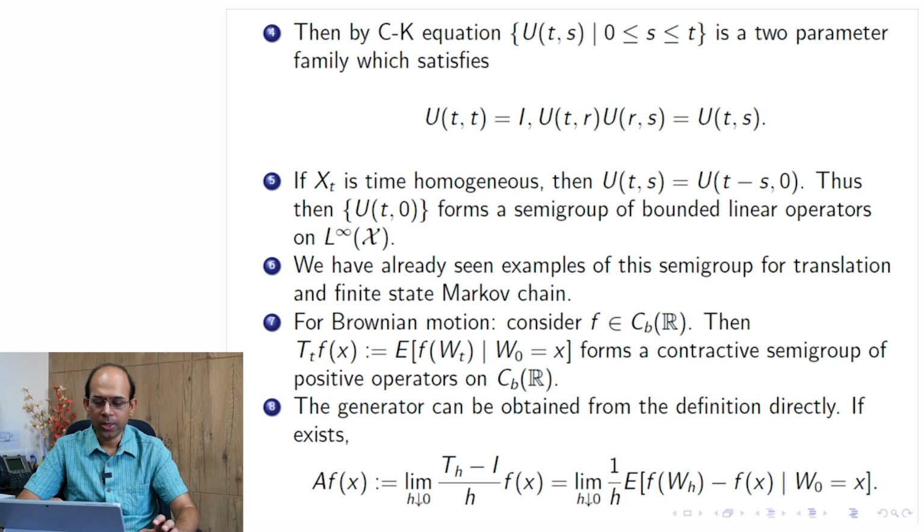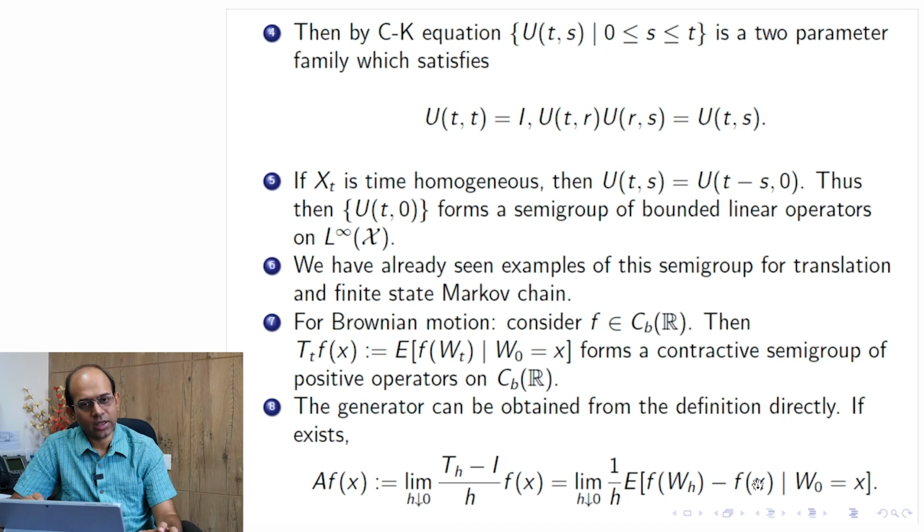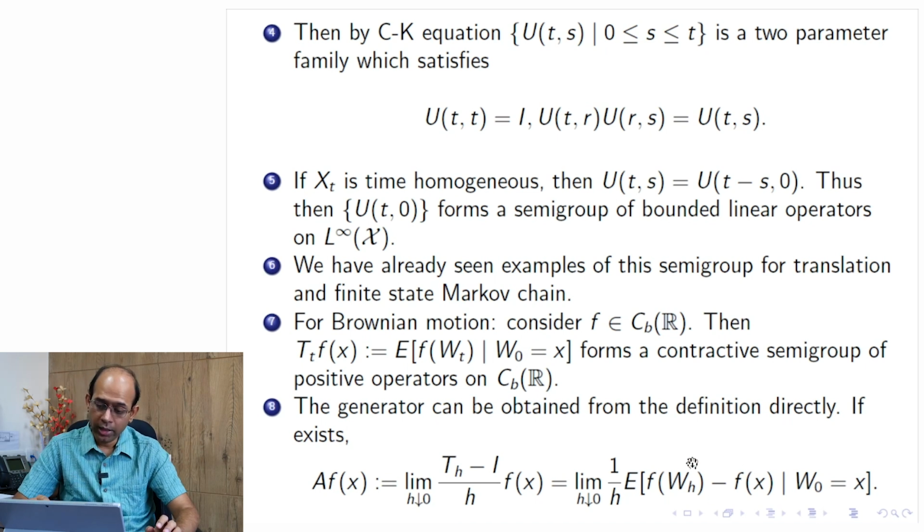So T_h f(x) is the expectation of f(W_h) given W_0 equal to x, and minus the identity gives only f(x). So we have this difference. Now we have to compute this difference, correct? How do you compute it?